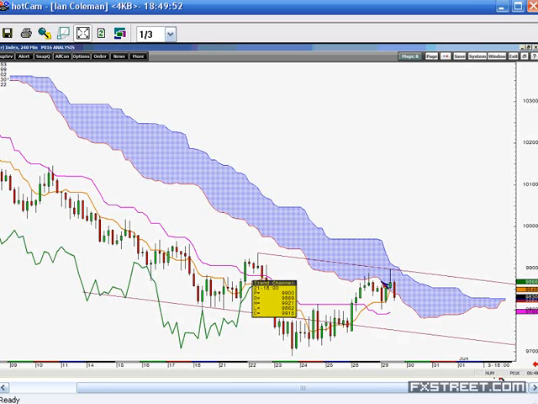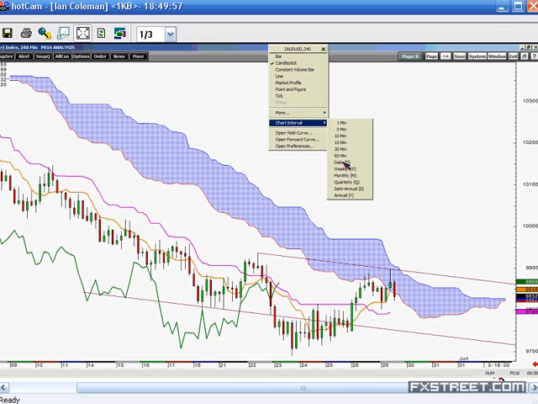So again, it's used the cloud as resistance, just moves down. Then lines will be in order if you broke. Lagging line is above price action and a fair way away from the cloud.